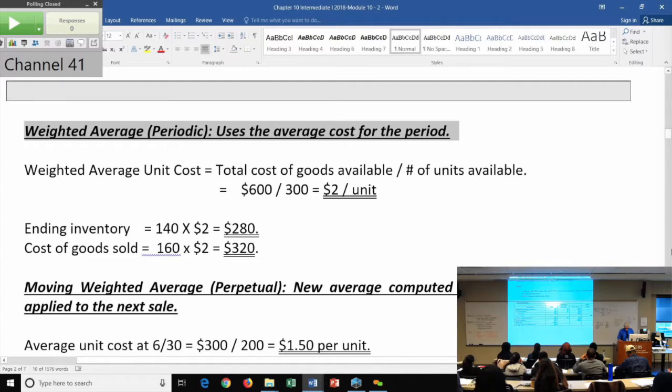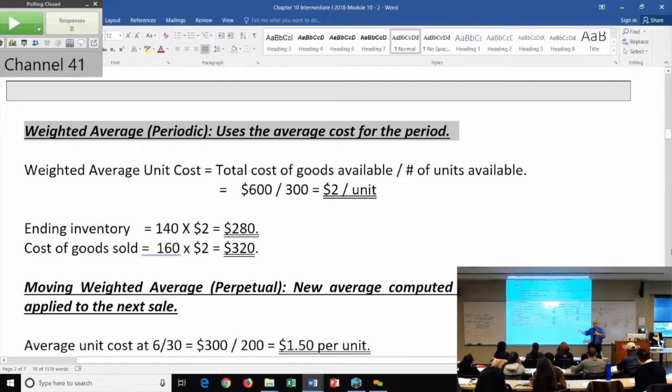Obviously, you get 500 divided by 300. It's going to be $1.67. Now you notice these are the weights. The units in each batch weight the price. So the more units you buy at a certain price, that will move the average towards that.